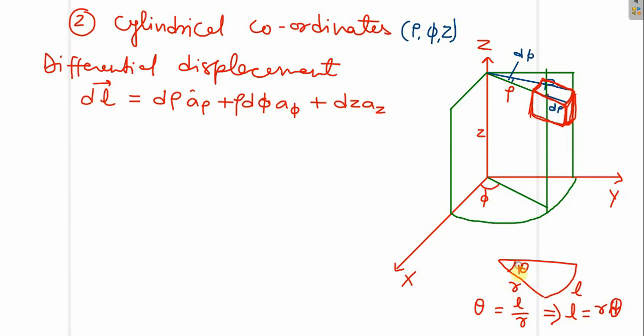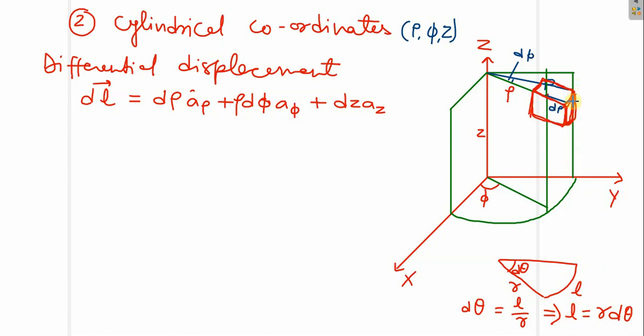So if it is d theta, then obviously here also it will be r d theta. So in this way we can represent L. Here also you see this is your curve.